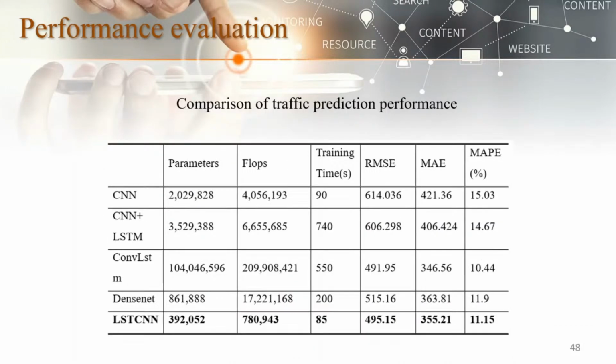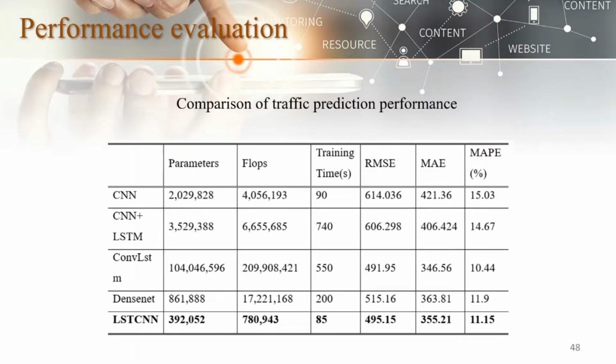Finally, we compare the performance of the proposed lightweight model with existing technologies which are based on convolutional neural networks. Most of the methods for network traffic prediction use an architecture based on both recurrent neural network and convolutional neural network to capture spatial temporal features.